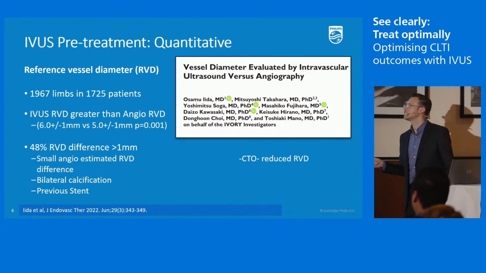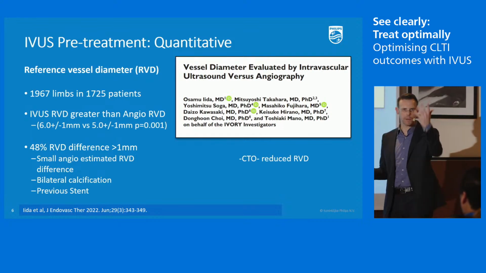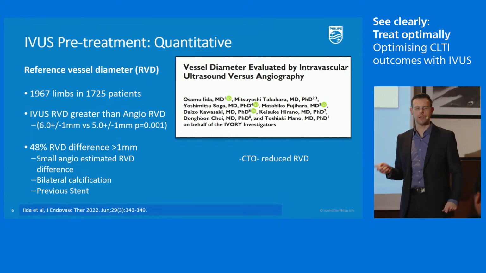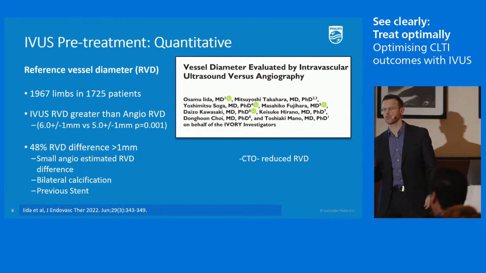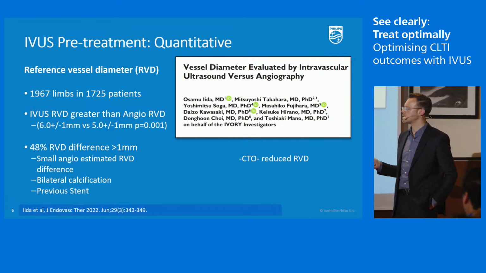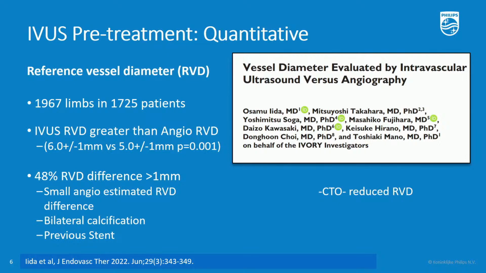However, why don't you then just add 1 millimeter to every balloon you select off the basis of your angiography? Well, the truth is that the single center randomized control trial, I'll talk about briefly in a minute, actually showed that 11% overestimated the balloon size. Overestimated the reference vessel diameter, sorry.